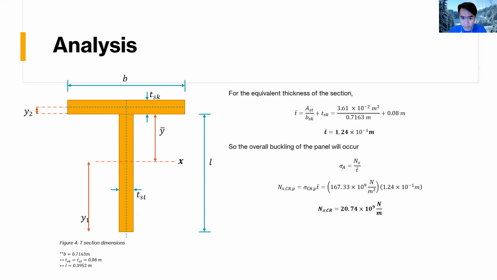Next, we also accounted for the equivalent thickness of the section so that we can get the overall buckling of the panel. The equivalent thickness is 1.24 times 10 to the negative 1 meter, and for the overall buckling of the panel, we arrive at 20.74 times 10 to the 9 Newton per meter.